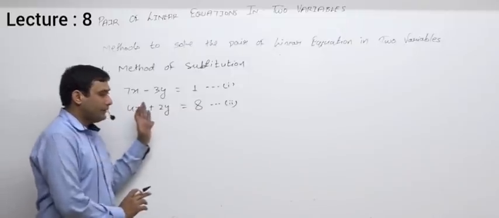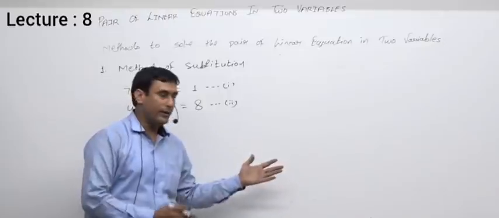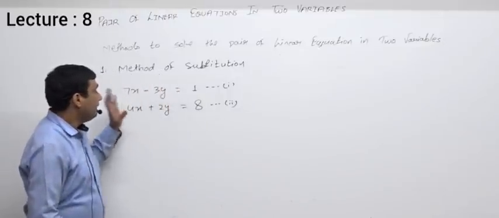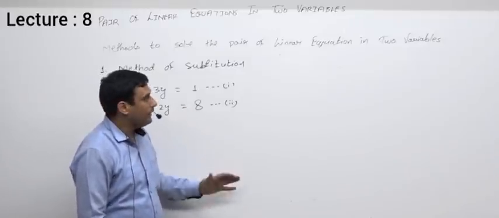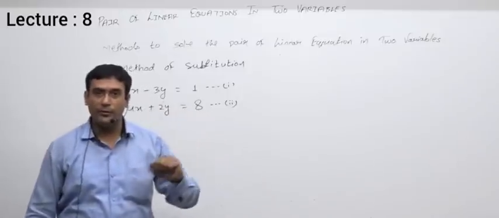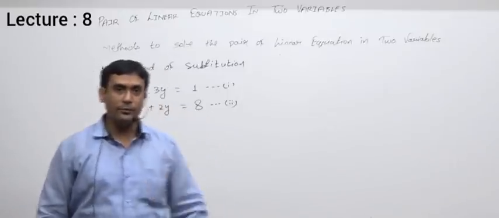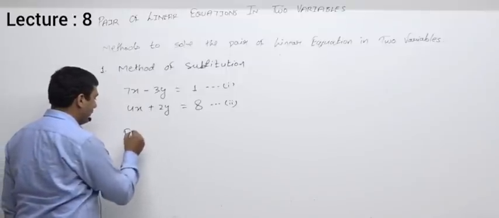We'll take any one equation, we'll get the value of any one variable, either x or y, depends on you. Then we'll substitute that value in the second equation. That is the common set of steps we have to follow whenever we have to find the solution of a pair of linear equations with substitution. Okay, so again I'm taking equation 1.